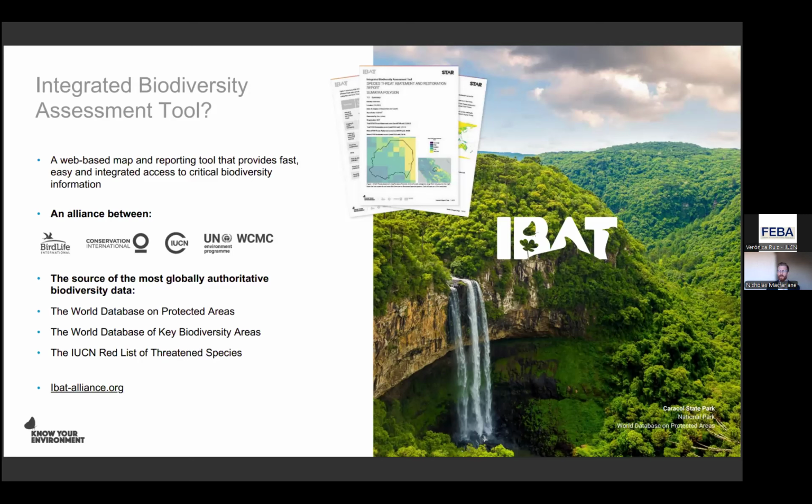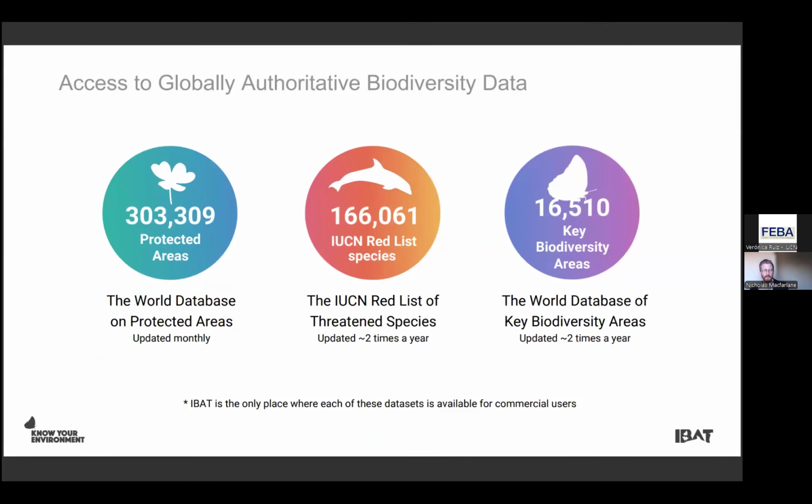And what it is, next slide, please, is the way that the three core biodiversity data sets we have: the World Database on Protected Areas, the Red List of Threatened Species, and the World Database on Key Biodiversity Areas, are served for commercial use. And you can see that they're all updated at least twice a year.